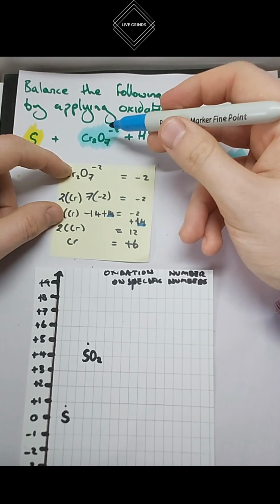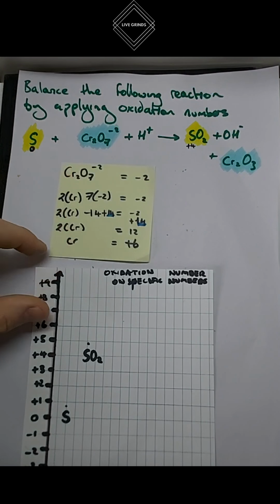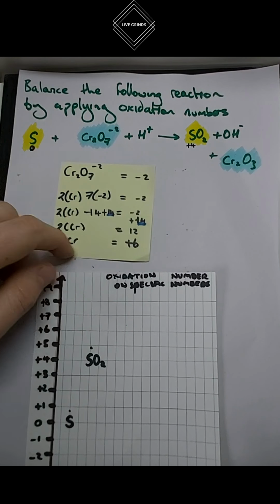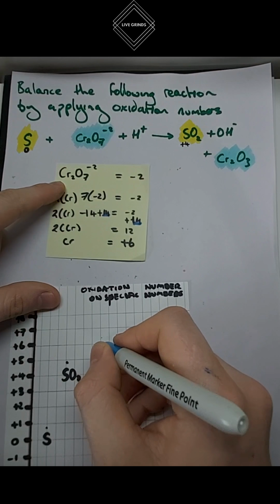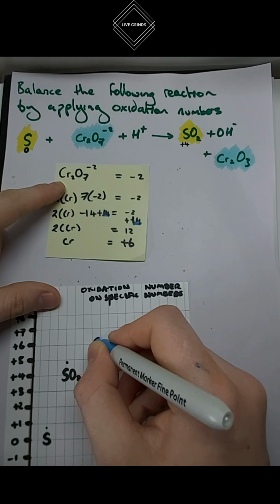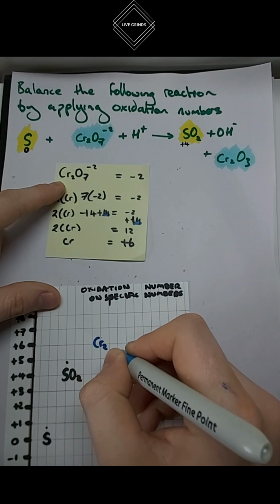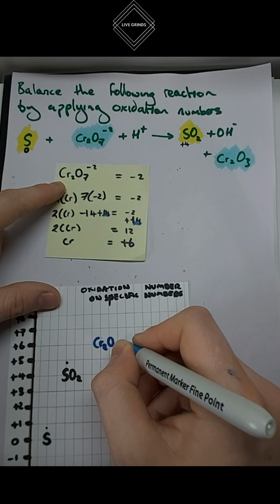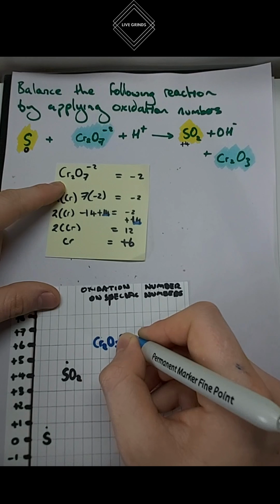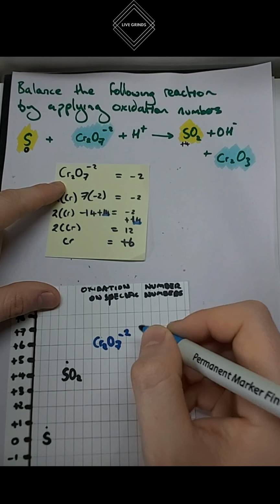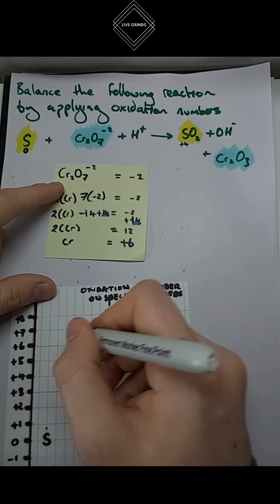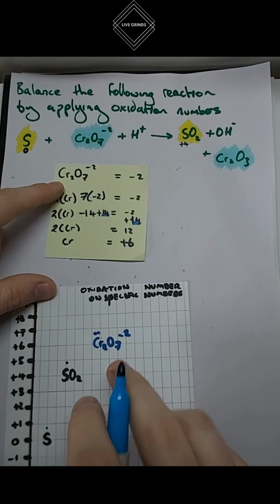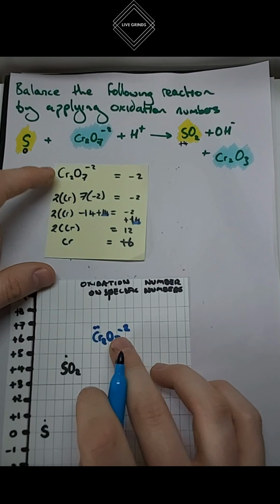So in this case, Cr2O7 2- has an oxidation state of +6. The atom in this has an oxidation state of +6, right? So that's why it's in line with this +6. We'll come back to this in a second.